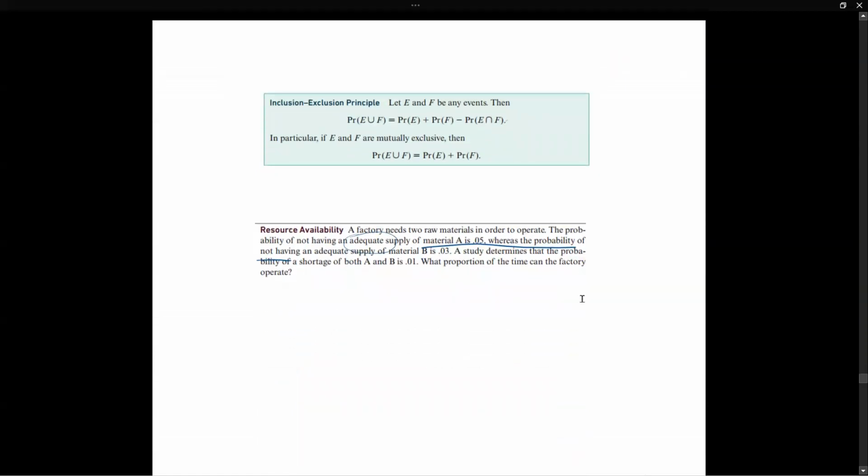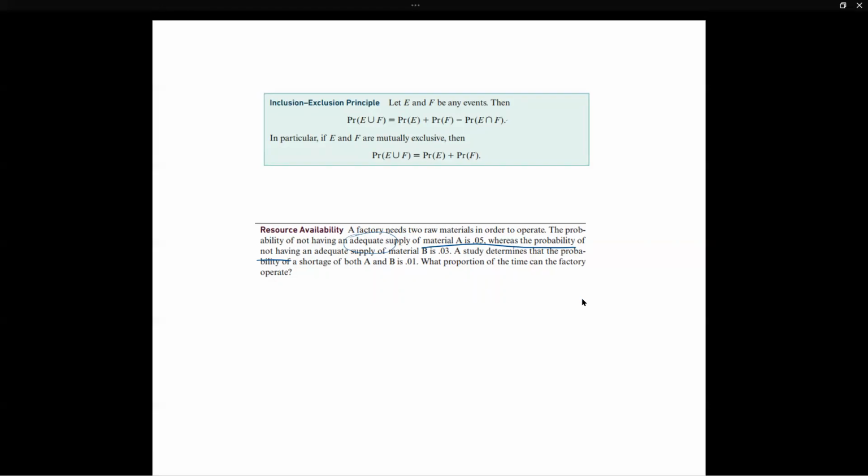So this is an important thing to know with probability, because we did it with sets. The inclusion-exclusion principle: let E and F be any events, then the probability of E union F equals the probability of event E, add the probability of event F, subtract the probability of E intersection with F. In the particular case, if E and F are mutually exclusive, then this term is gone.